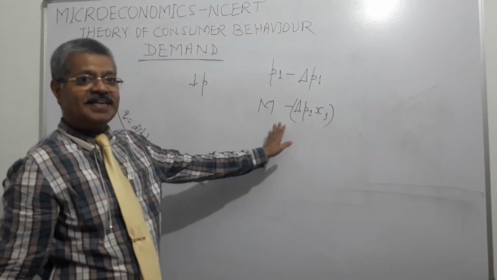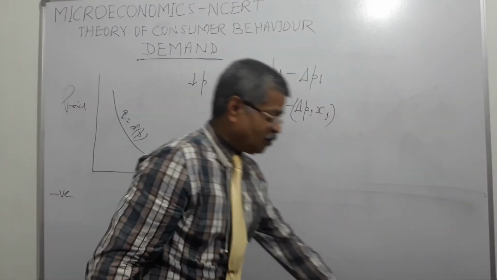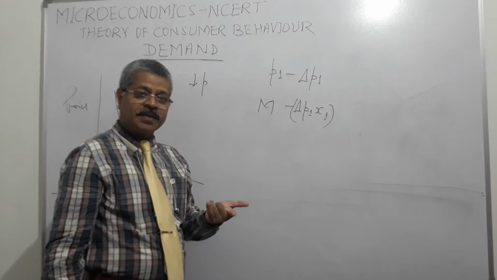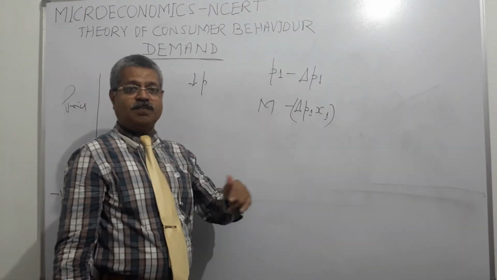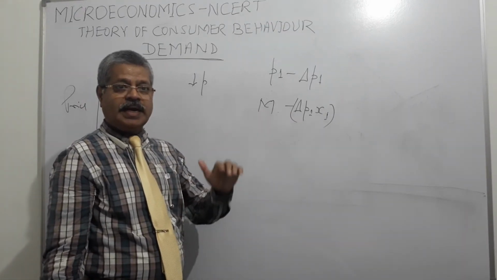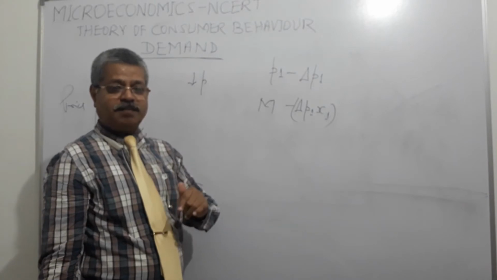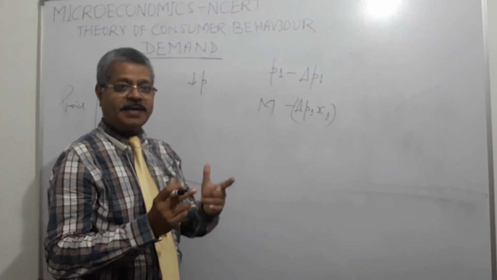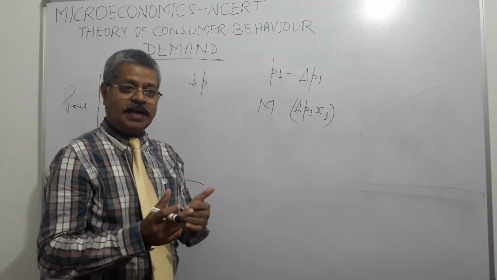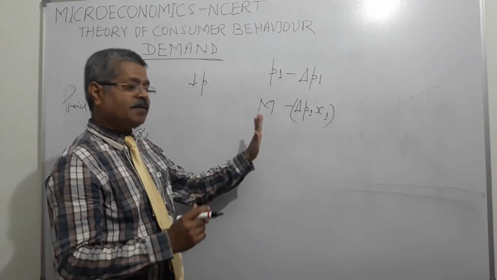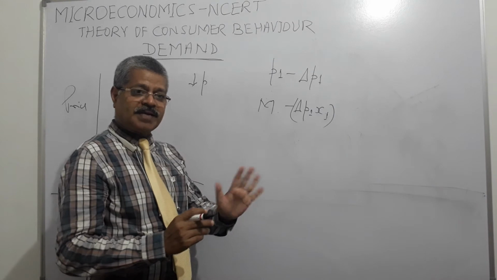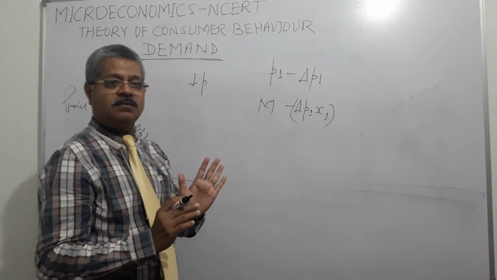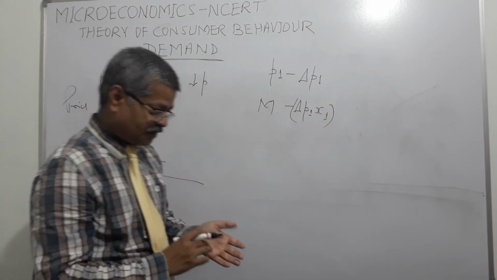So this is the adjusted income of the consumer. What is adjusted? With the reduced price of a good and with the reduced income, the consumer will be able to afford the same bundle as he or she used to buy before the change in the price or the change in the overall income.